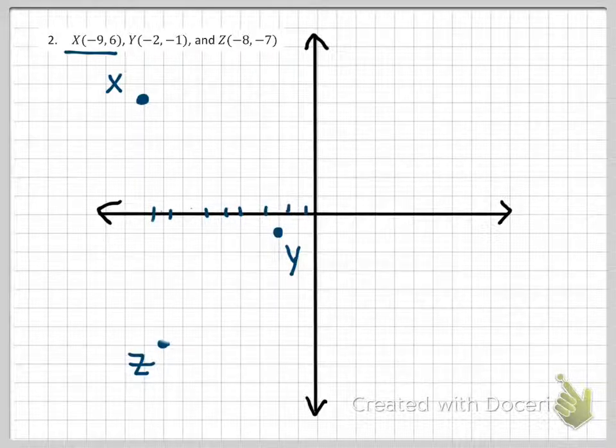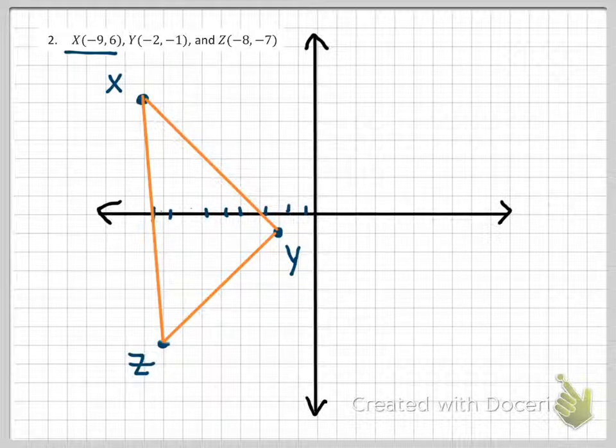All right, and then we're going to connect the points, and it's looking like, well, three points, that's a triangle. 3 angles, 3 points, 3 sides, triangle.